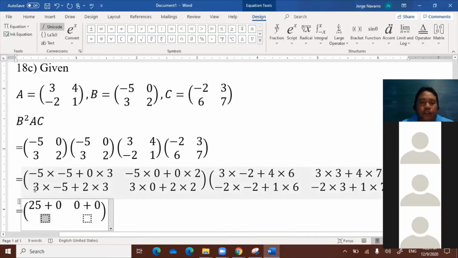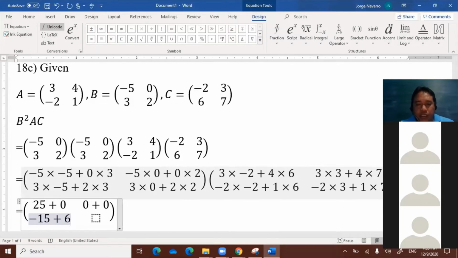Then we have 3 times negative 5, that's negative 15, plus 2 times 3, which is 6. Then the next one, 3 times 0 is obviously 0, plus 2 times 2 is 4. So we've done the b squared so far.